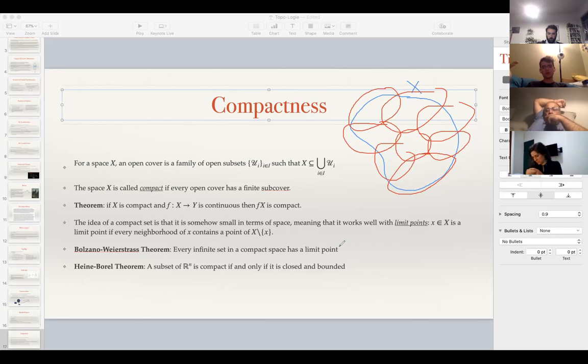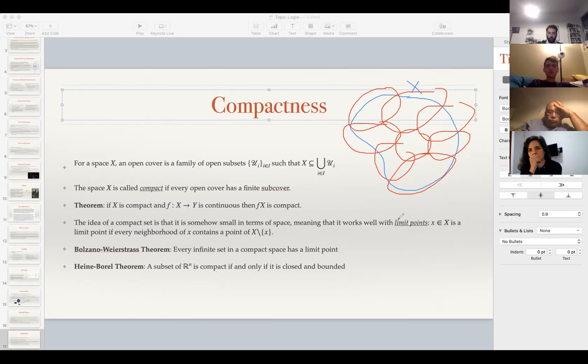Closed means the complement is open, but the idea of closed is that it includes its boundaries, if you think about it in terms of Rn. Bounded just means the set doesn't go off to infinity, so you can put it inside of something.